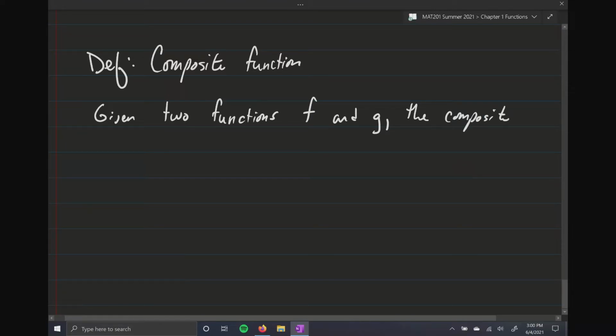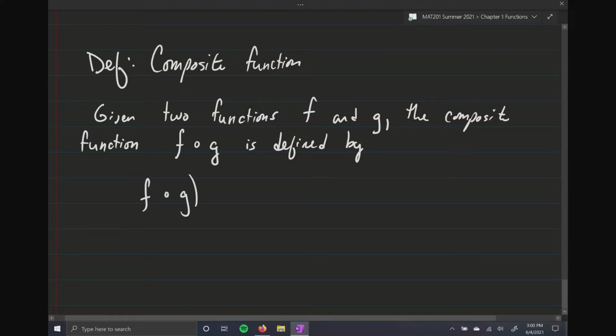The composite function, sometimes referred to as compositional function. Now this is really important the way I'm going to write this, so make sure you're paying attention. f open dot g. We read that as f composite g. Is defined by f composite g of x is equivalent to f of g of x.